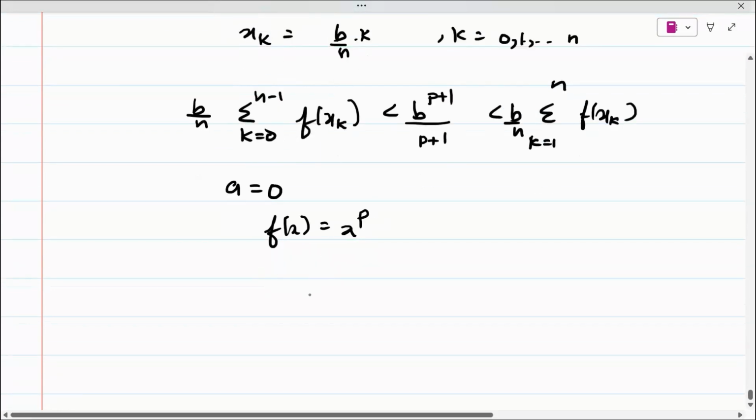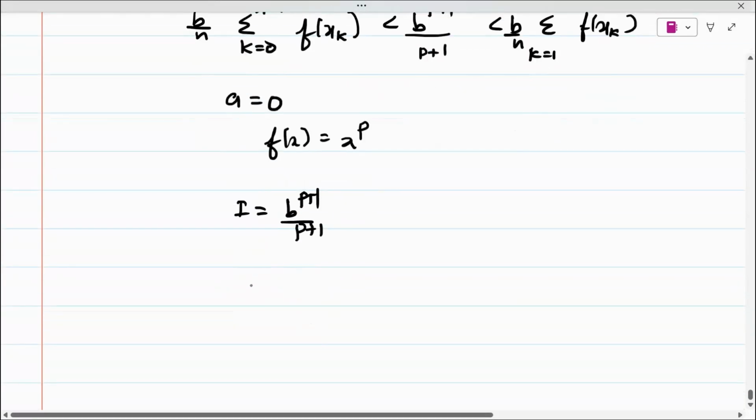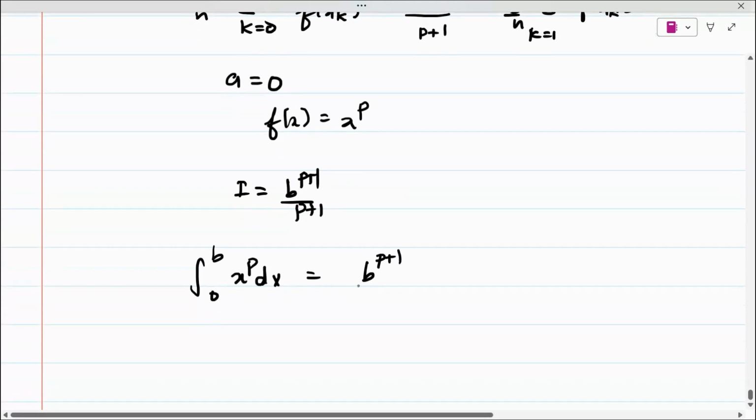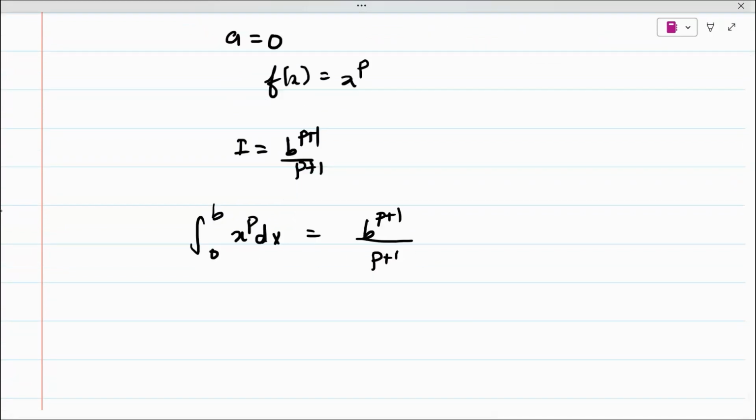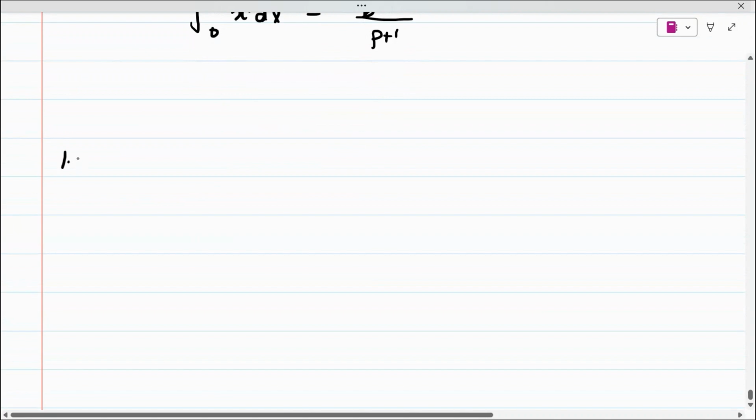Then it follows I equals b to the p plus 1 over p plus 1. Get that? And by theorem 1.13, where we say an increasing function or monotonic function is integrable, and that integral is equal to that I which satisfies the famous property.